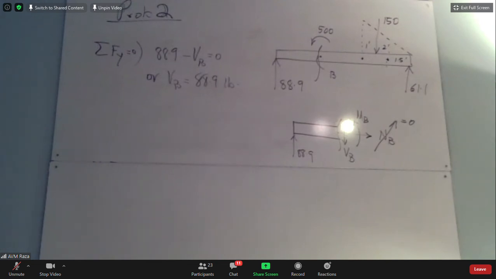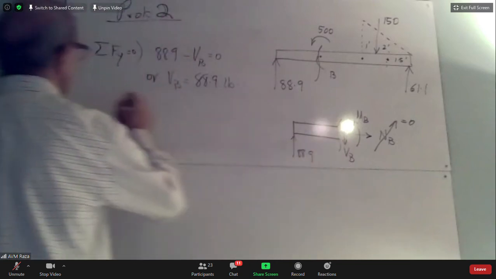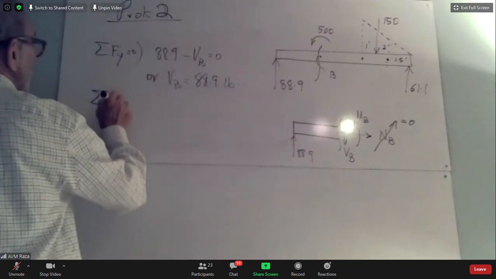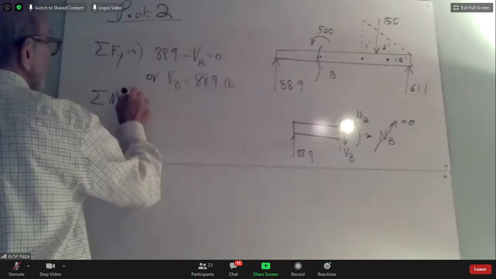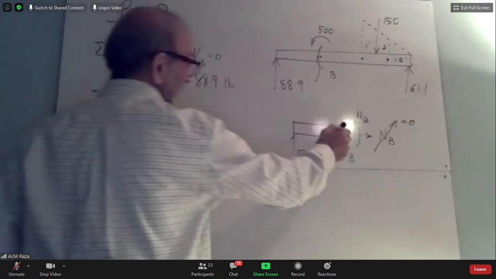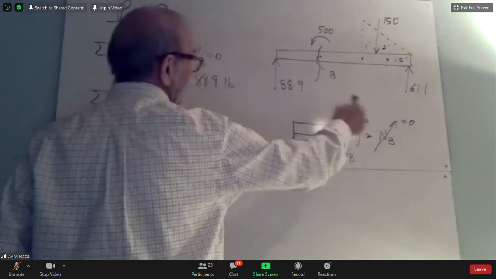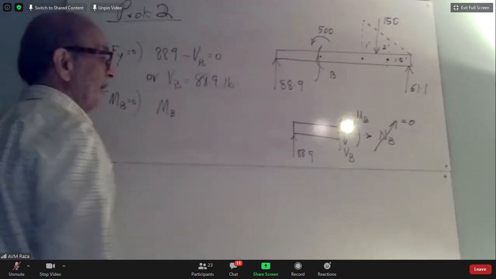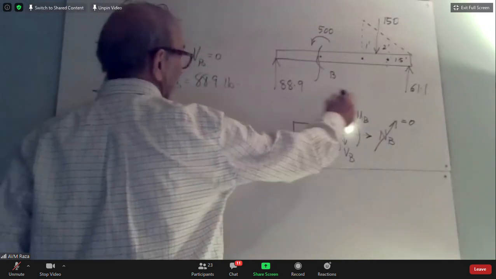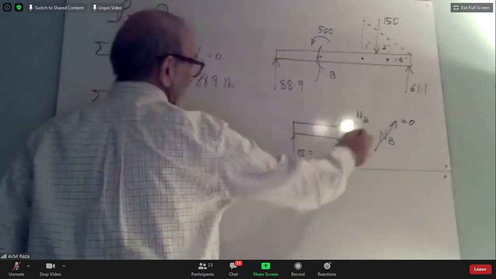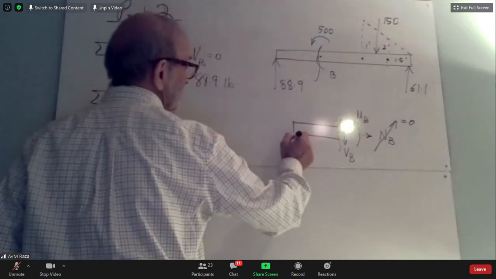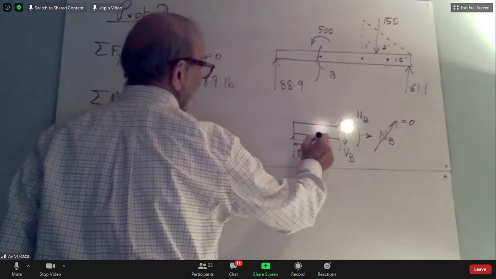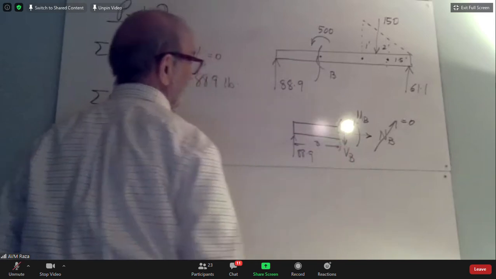And then how do we find MB? Well, you have to take moments at the section, for example. So the sum of moments at B equal to 0 will get me what? If I'm taking moments here, this is the first one, which is counterclockwise, so positive MB. And then this will be a clockwise moment from 88.9. What is this distance? Should be 3 feet.